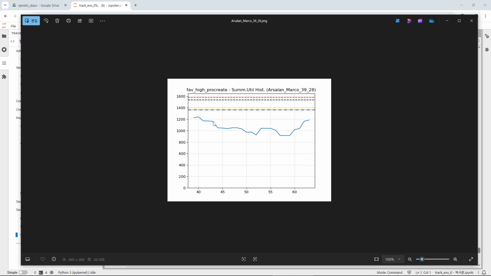It lasted about 25, 30 generations, and then it went over the threshold. Also same here. This got struck out during the last generation, and it lasted for exactly 43 generations.